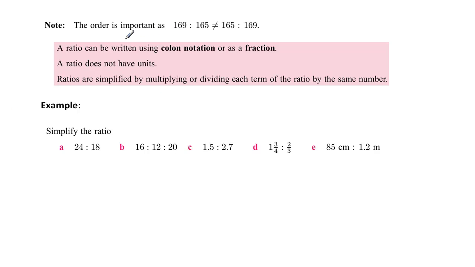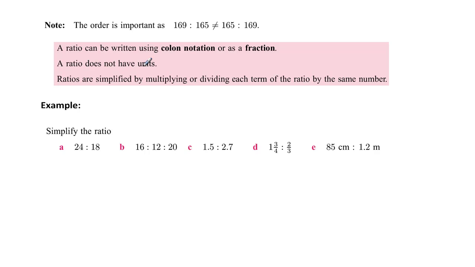In order to do this though, the one thing that we stressed last time is that you can't change the order around. If you're writing 169 to 165, you can't reverse it and say that it's still true. A couple of bits of information: we can write using colon notation, which is like this, or as a fraction.